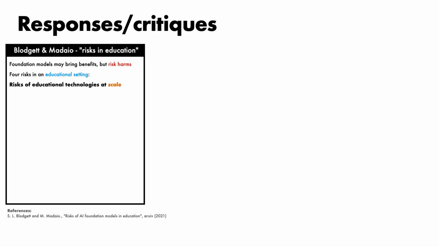The first are risks of educational technologies at scale. While often well-meaning, arguments for deploying large models as being for the student's benefit are often used to motivate surveillance technologies in education. Scaling is also advocated for in order to reduce costs through economies of efficiency, but historically, this has not necessarily benefited all learners.